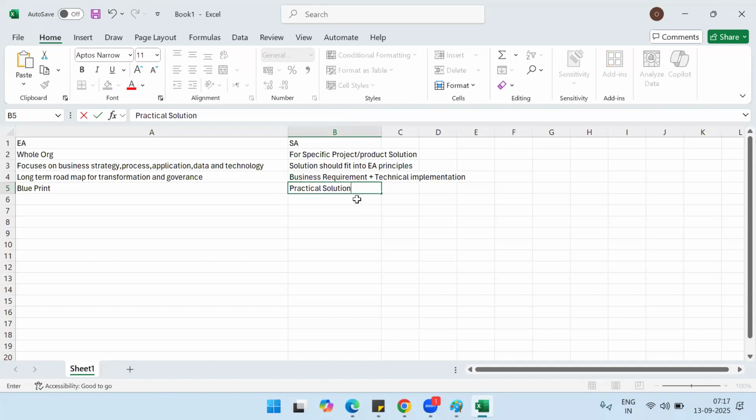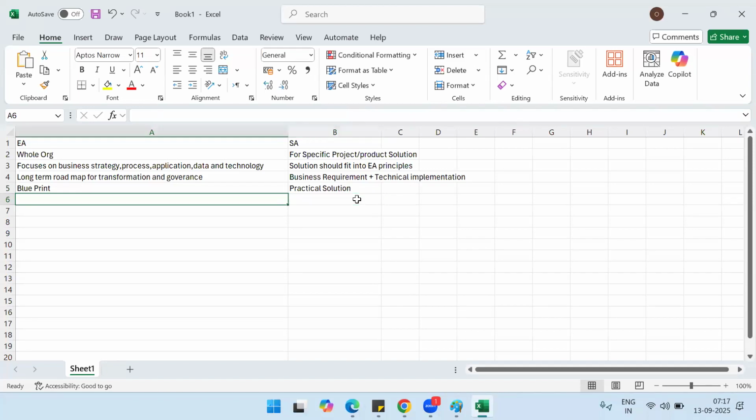Now tell me, who will decide the guidelines, governance, and standards? Enterprise architect. Very good. So it is not the solution architect. So standards, guidelines, and governance will be decided by the enterprise architect.